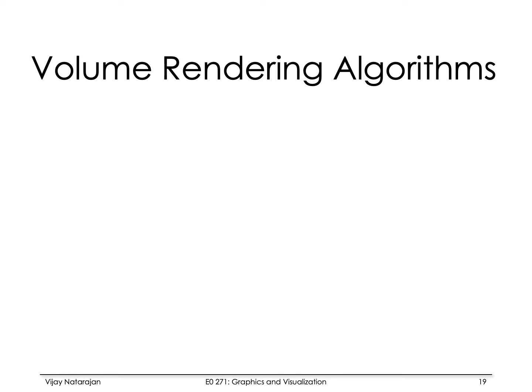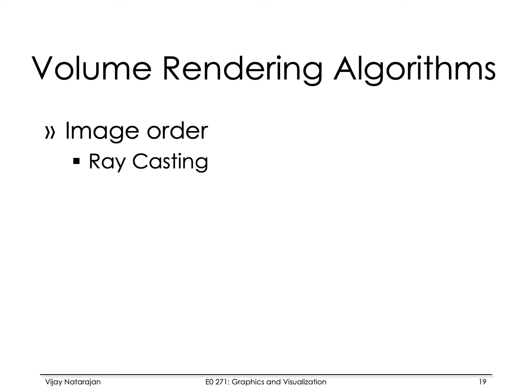Let's now move on to algorithms for volume rendering besides the raycasting approach that we have seen. Now, of course, the raycasting approach can be classified as an image order algorithm where we compute the value at each pixel one after the other, and each pixel corresponds to a ray.